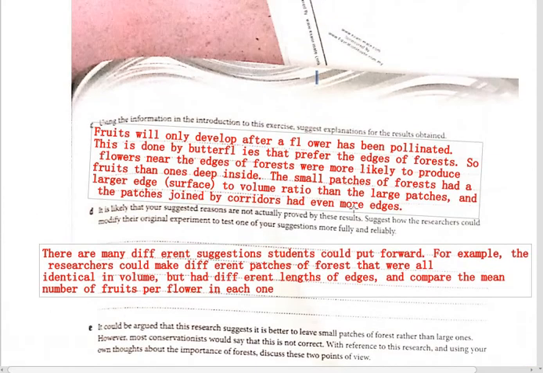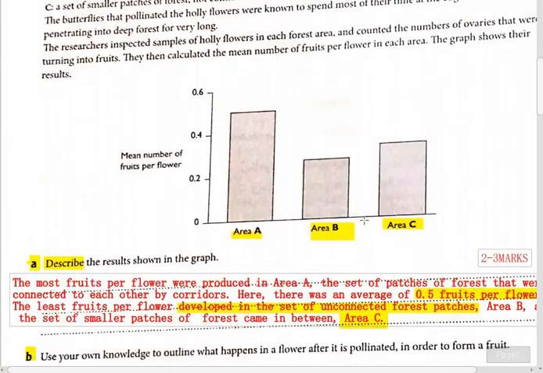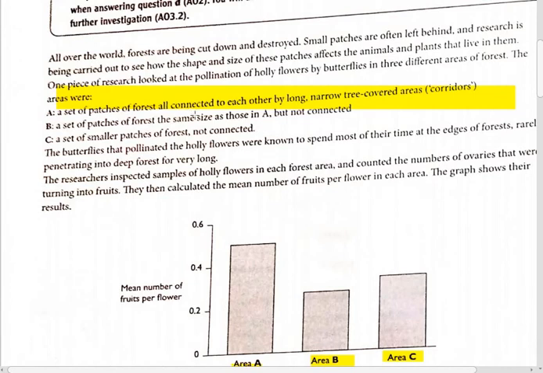So basically over here they want you to correlate between area A, area B, area C. Area A had patches connected, area B had the same size of patch as area A but not connected, and area C had smaller patches than area A and area B, but again they were not connected.